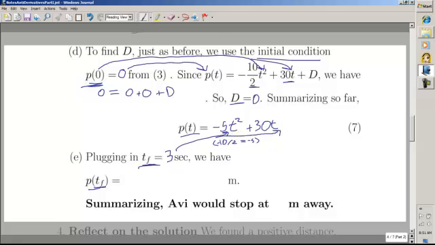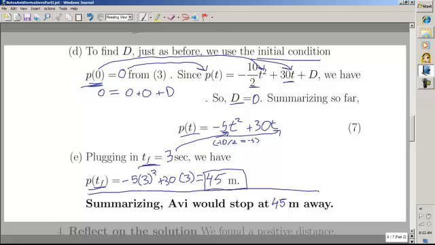And then P of TF, so that's going to be negative 5 times 3 squared. Notice the squares there. Plus 30 times 3. And then computing, that gives you 45 meters.